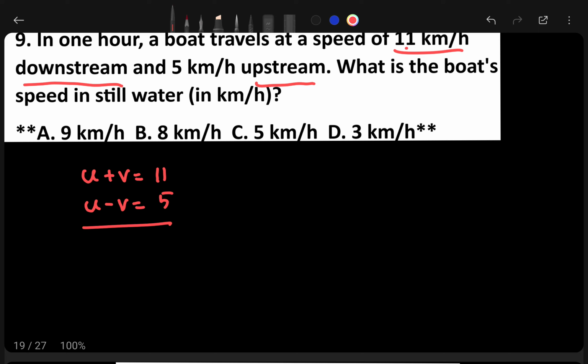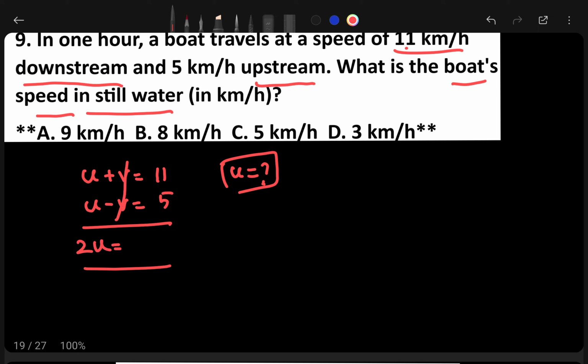Now, what is he asking us to calculate? The boat's speed in still water, that means u, the speed of the boat. If we add these two, 2u is equal to 11 plus 5, 16. u is going to be 8. Very simple, option B. The answer is 8 kilometers per hour.